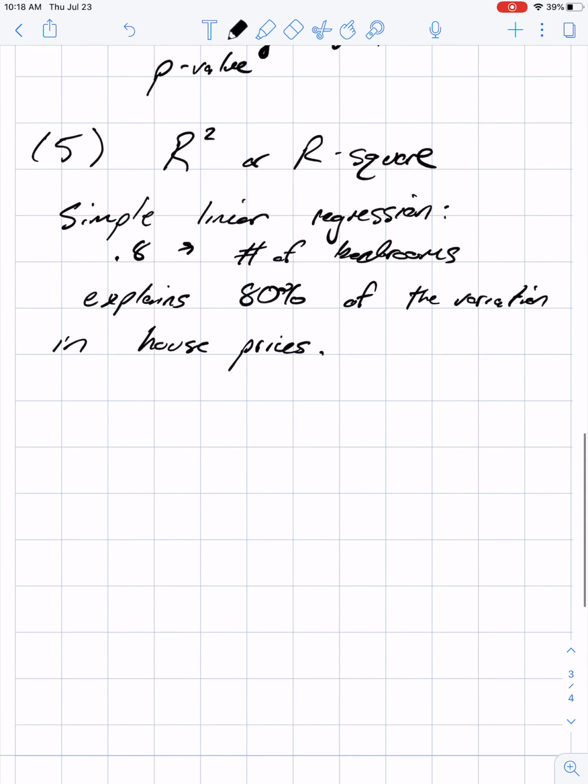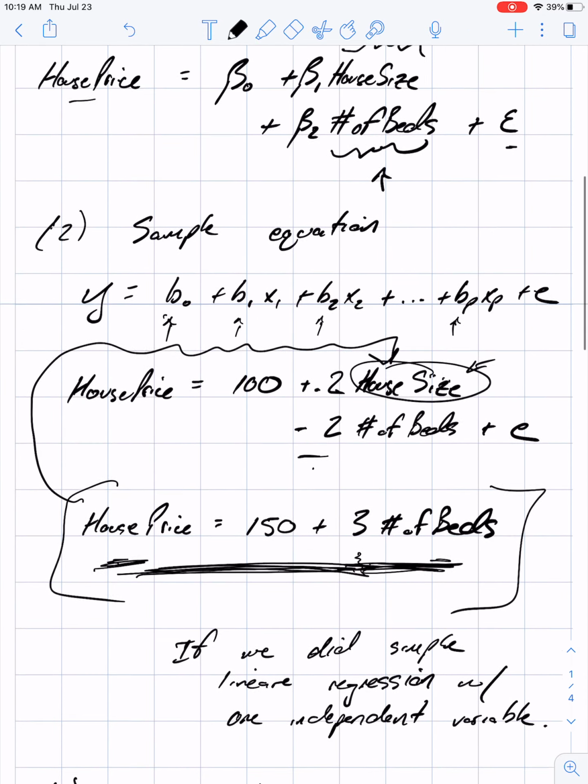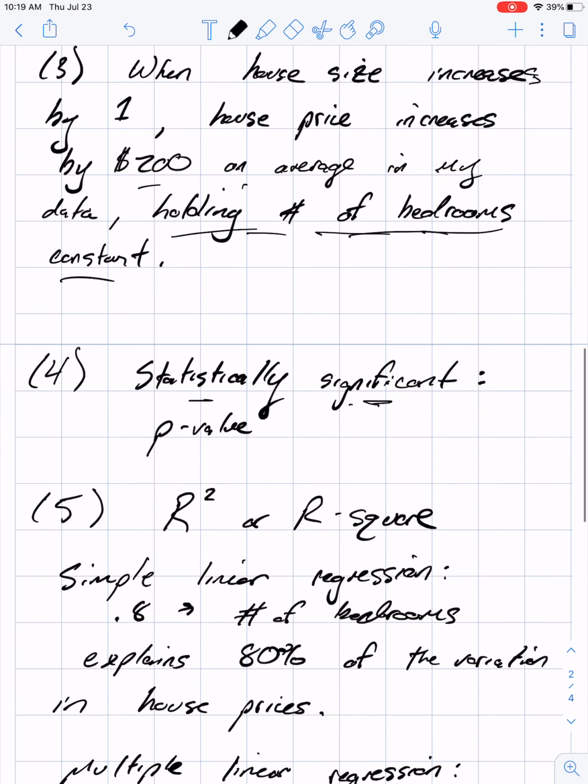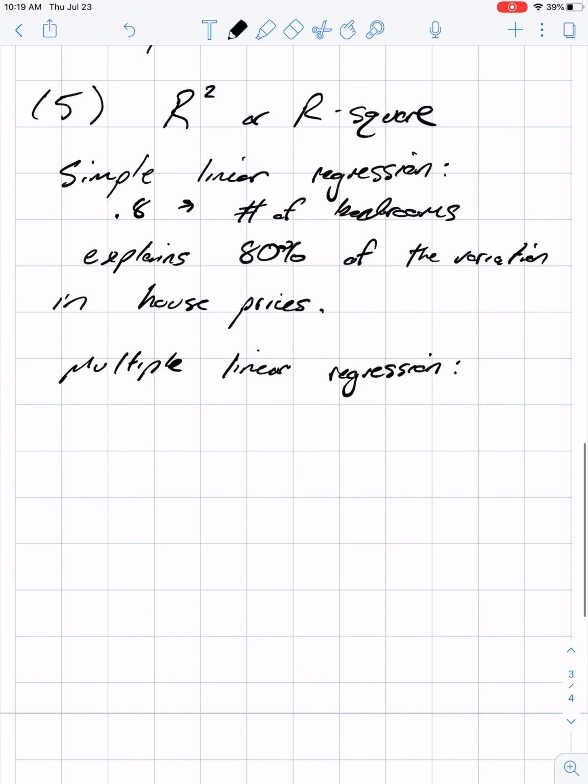Now, multiple linear regression. Now we have, let's do this example right here. We have two independent variables, right? So one way to do this in that example would be to add house size.